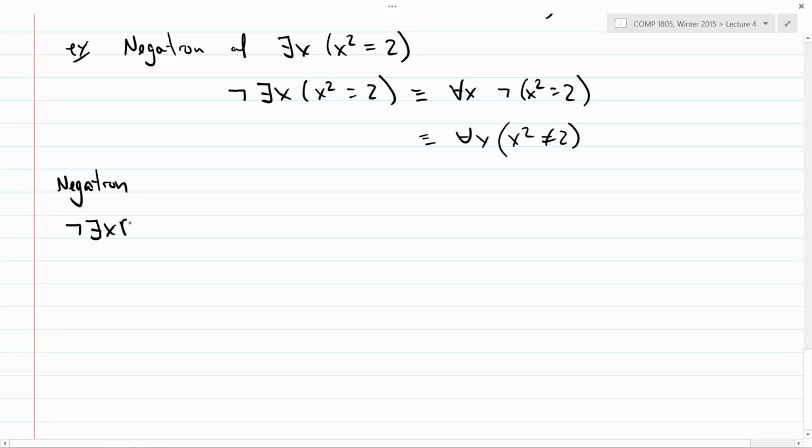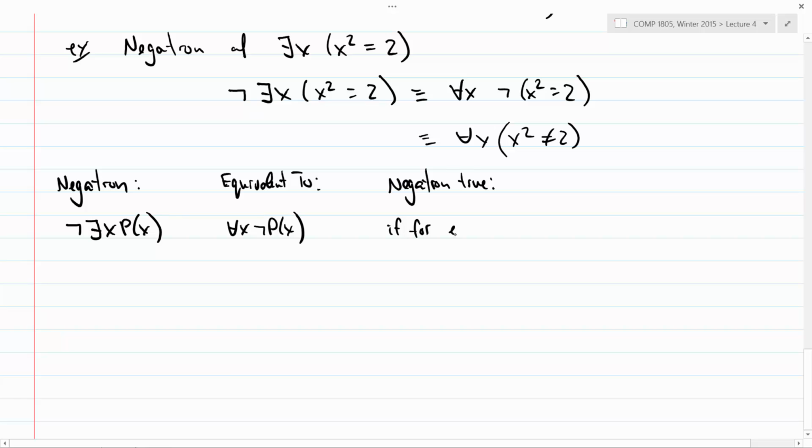The negation of exists x P(x) is equivalent to for all x not P(x). And the negation is true if for every x in the universe of discourse, P(x) is false.